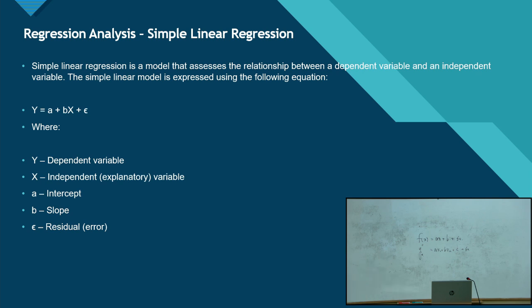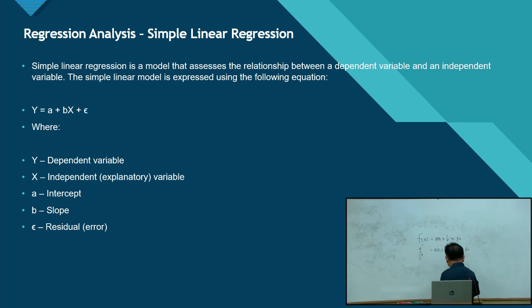Where y is the dependent variable, sometimes we say f(x). x is the independent value, the explanatory value, the input value. a is the intercept, and b is the slope. Epsilon is error, a residual value.